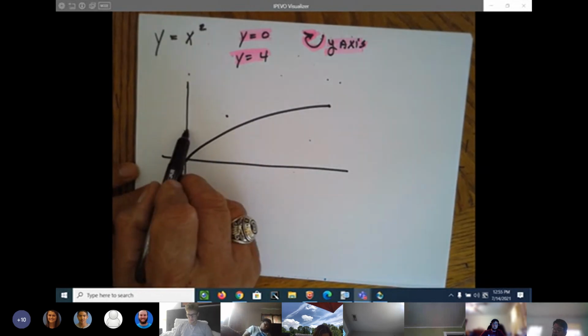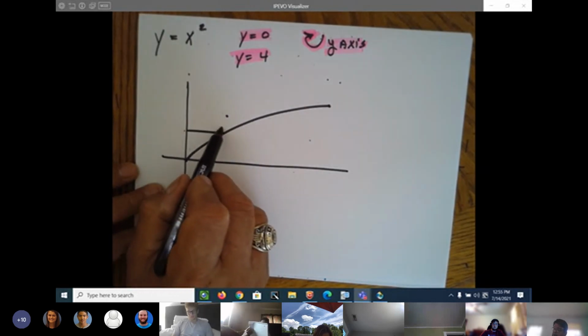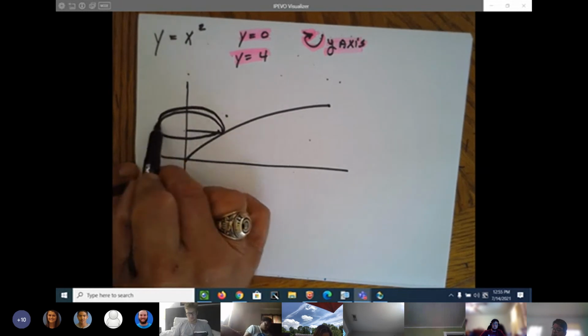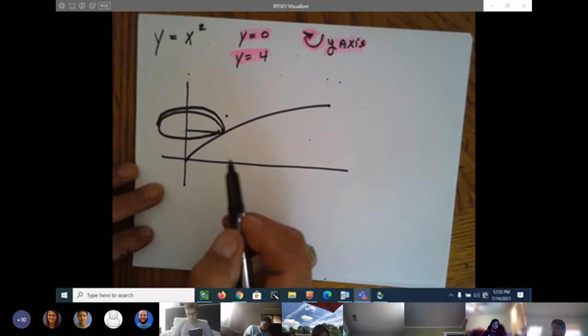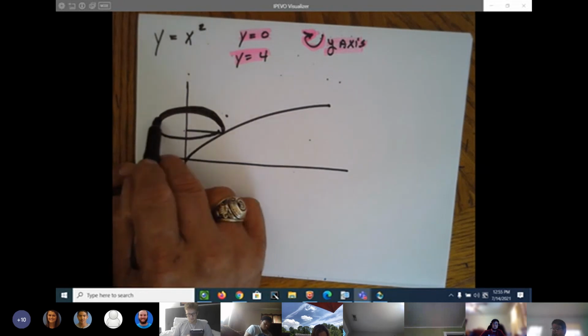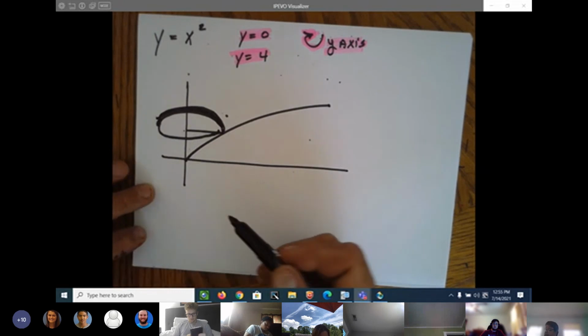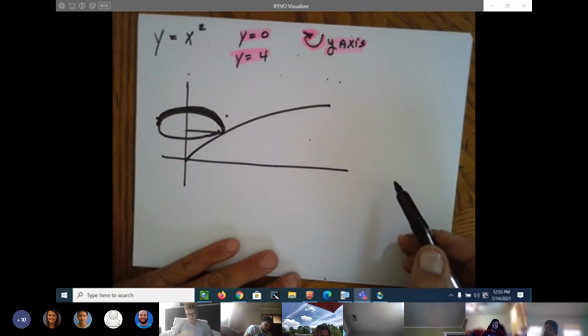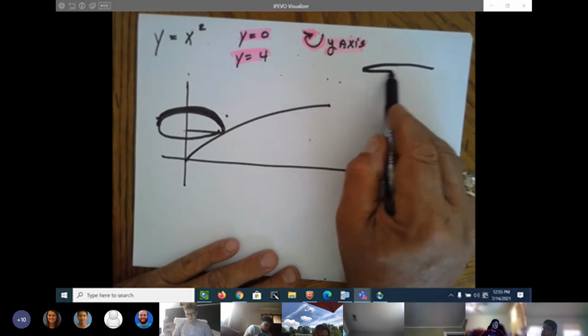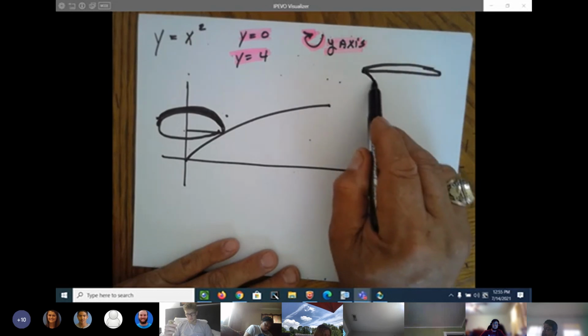So there's your disk. And this is going to look something like, well, it kind of looks like what we were talking about a while ago. It kind of looks like one of those funnels.